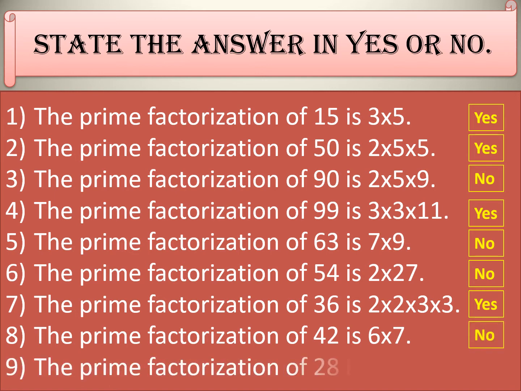The prime factorization of 28 is 2 multiplied by 2 multiplied by 7. Look, in this question also, 2 and 7 both are prime numbers, so the answer is yes. So what you learn? Prime factorization is a way of expressing a number as a product of its prime factors.